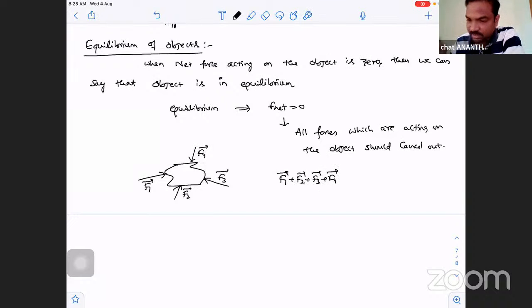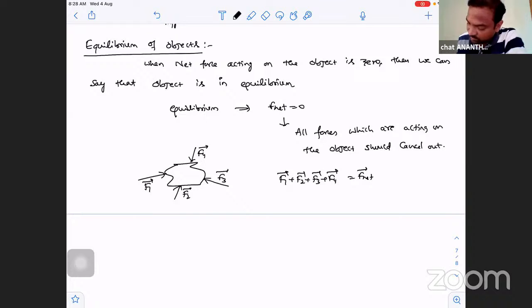See, we are doing vector addition, not scalar addition. Don't add scalarly. Scalar addition we did in 10th class. Now we are doing completely vector addition. Many are vectors, some are scalars also, but you should keep an eye on this. You have to check vector or scalar. So this will be the net force.